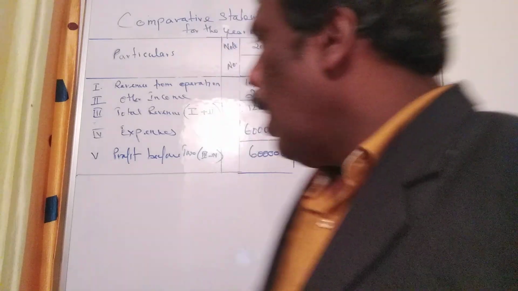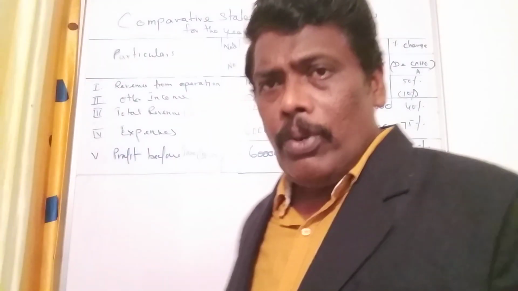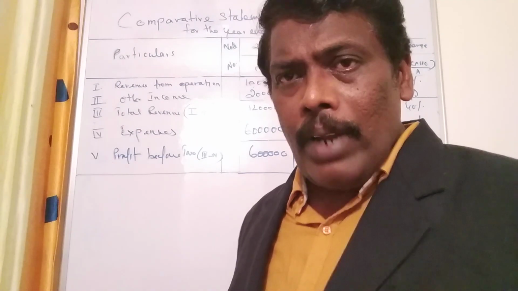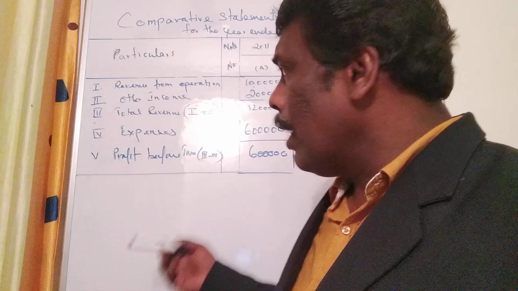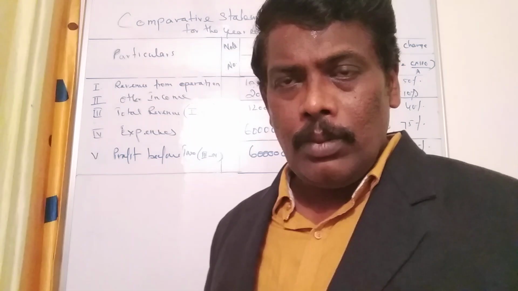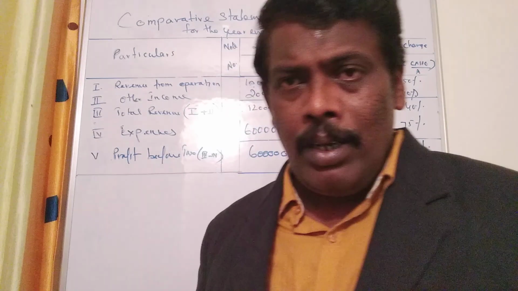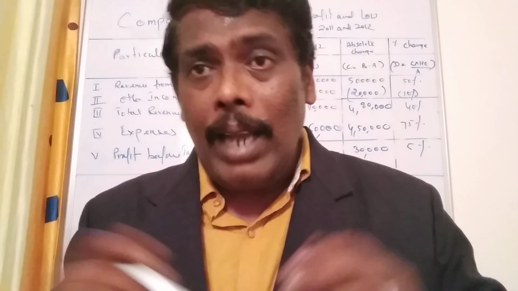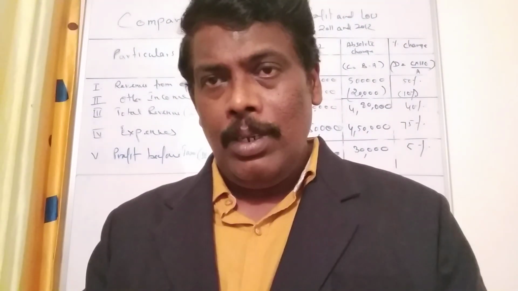Clear? After recording all the expenses, what do we have to do? We have to add the expenses, and after adding all the expenses, we subtract it from the total revenue. When it is subtracted, if you get a positive figure, that will be termed as profit before tax, because tax is not deducted.